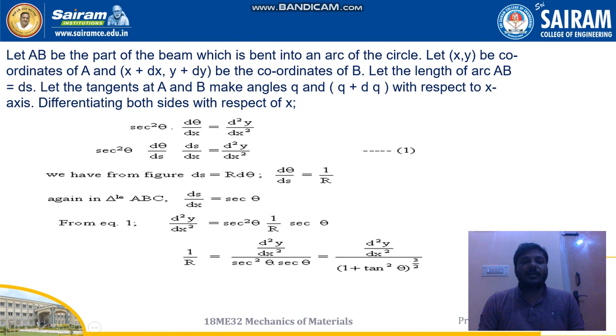Now we differentiate both sides with respect to x. Differentiating, we get secant square theta into d theta by dx on one side, and d square y by dx square on the other. That is secant square theta into d theta by ds into ds by dx, equal to d square y by dx square.